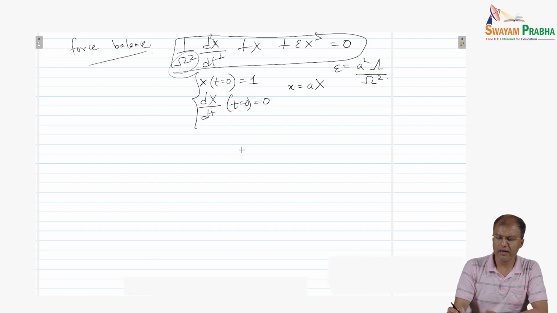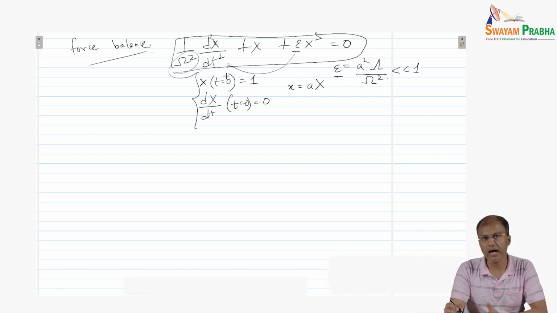Now notice that we are going to treat epsilon to be our small parameter in our perturbative solution. And it turns out that since epsilon is a small parameter and epsilon is not with the term containing the highest order derivative, which means that the perturbation that we have to consider is the regular perturbation.